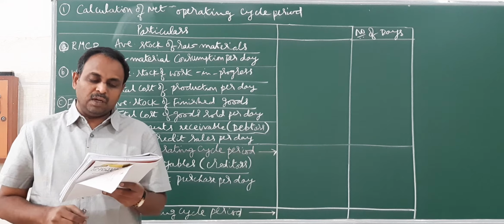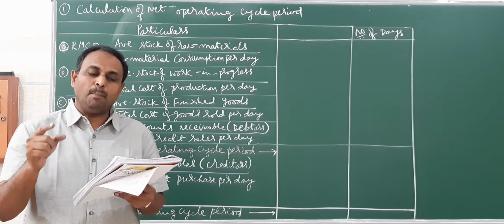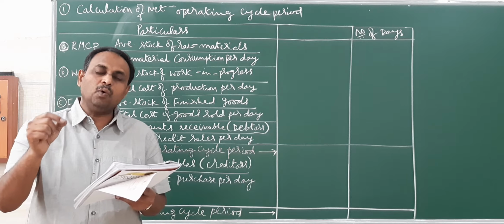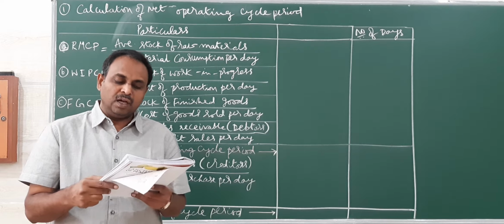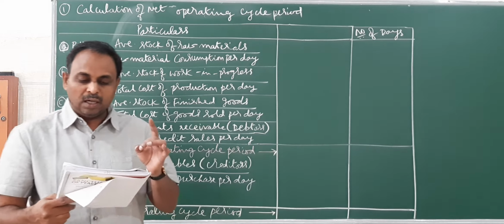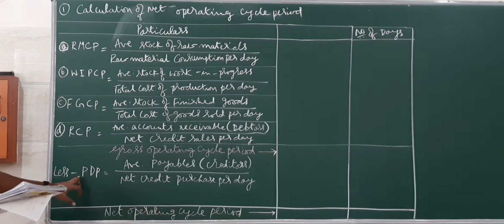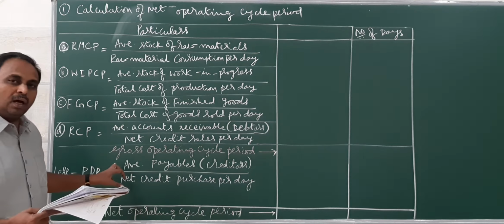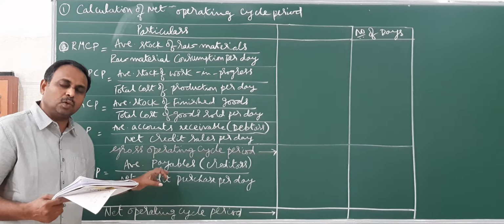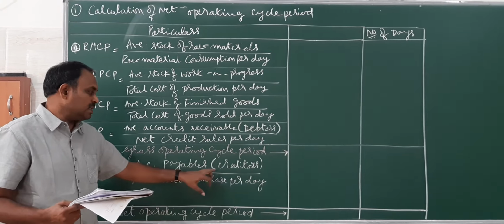The second piece of information is the average period of credit allowed by suppliers. That is the payable deferral period. When the business purchases goods on credit and later pays, those are creditors.